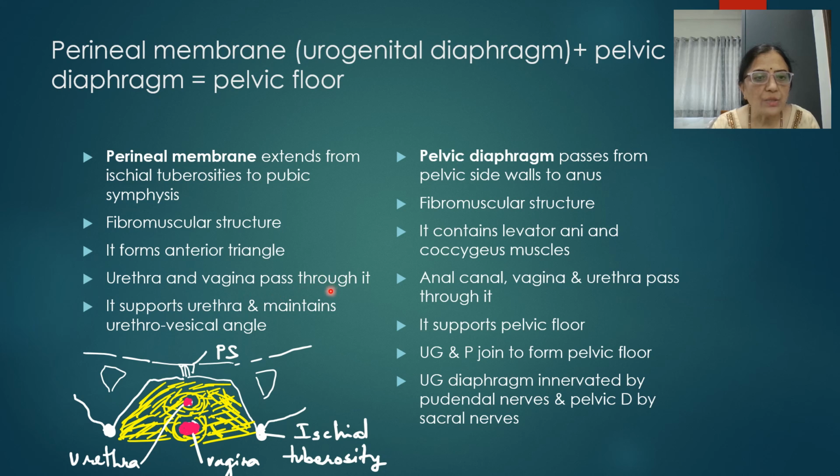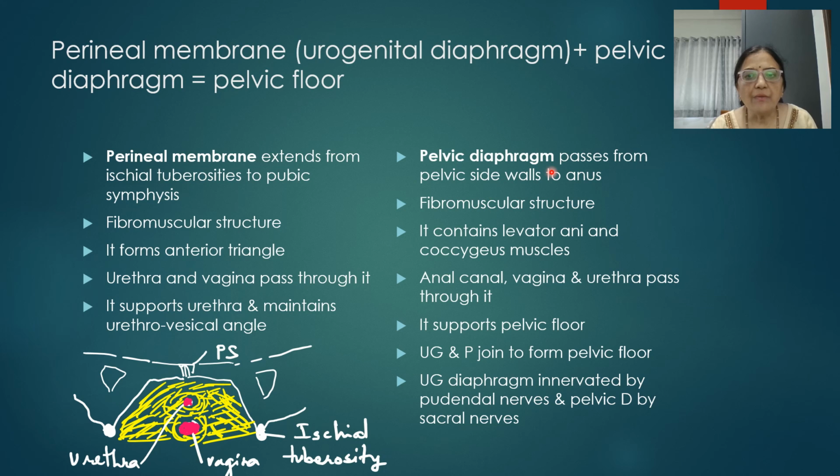Urethra and vagina pass through it. It supports the urethra and maintains the urethrovesical angle. These are the two ischial tuberosities, and this is a fibromuscular structure running from the ischial tuberosities to the pubic symphysis, and that is how it forms a membrane-like structure occupying the anterior part of the perineum. That is why it is called the anterior triangle.